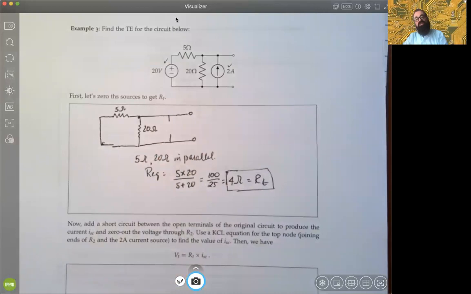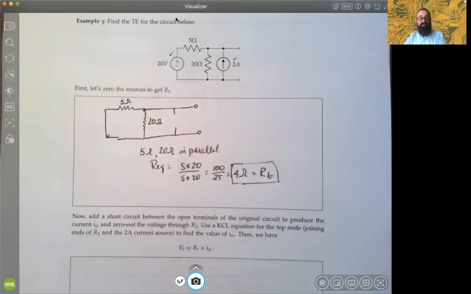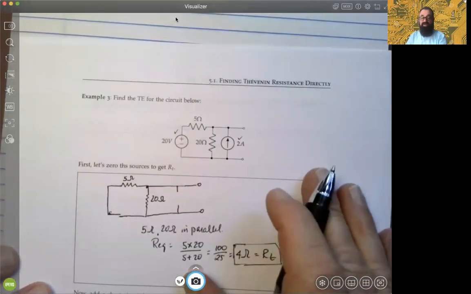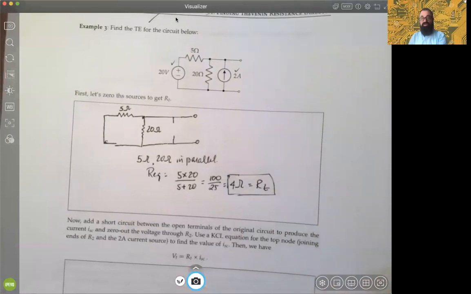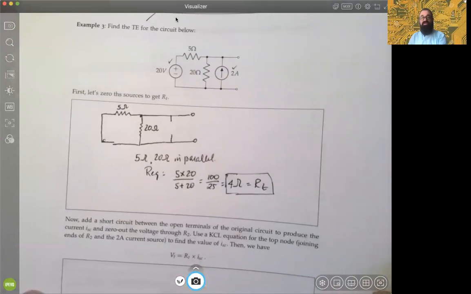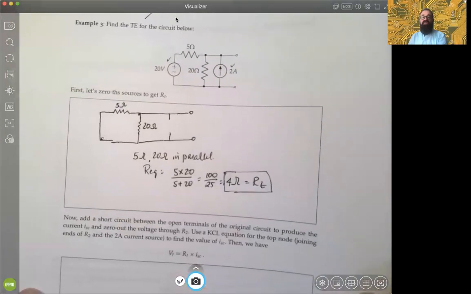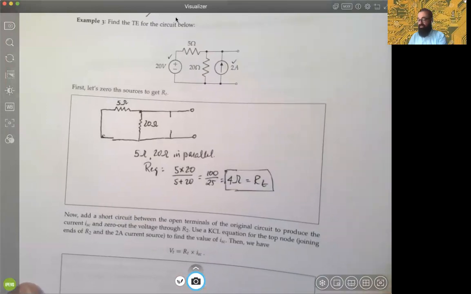After zeroing sources, that's ultimately how much resistance you have in the circuit. Now our goal, though, remember, is to find the Thévenin equivalent. So we've only got one piece of the puzzle. Remember, there's 3 pieces: Thévenin voltage, resistance, and then the short circuit current.